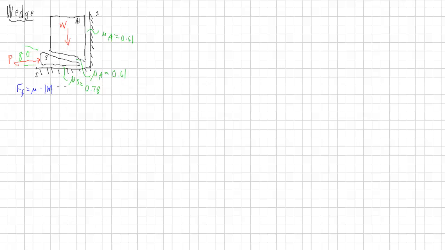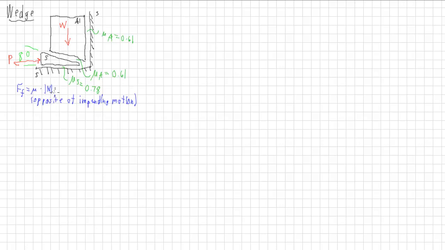We use the absolute value because we find the direction is going to be opposite of the impending motion. And we'll use that several times in this problem. The opposite of the impending motion is the direction that we're going to need for the force of friction.